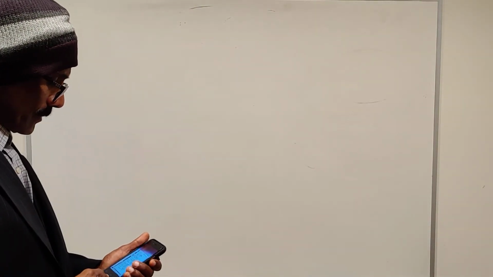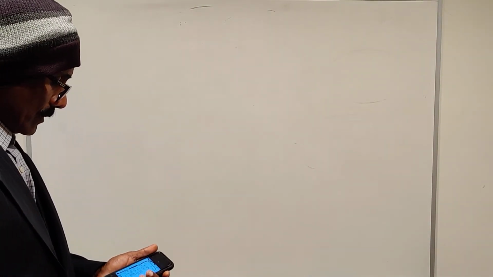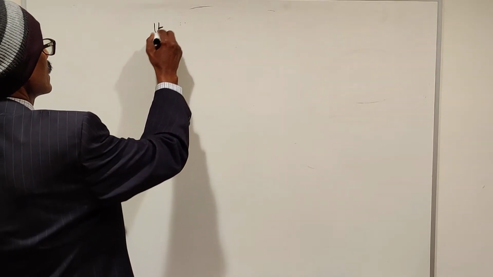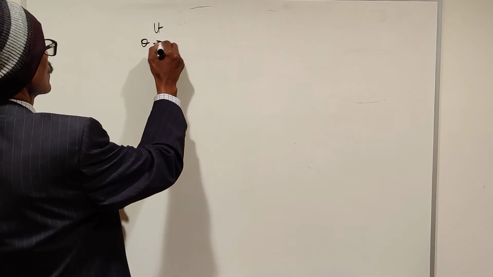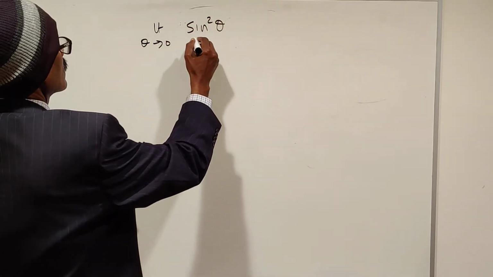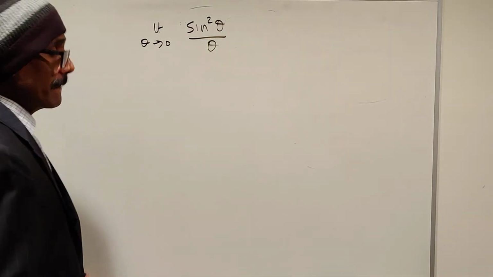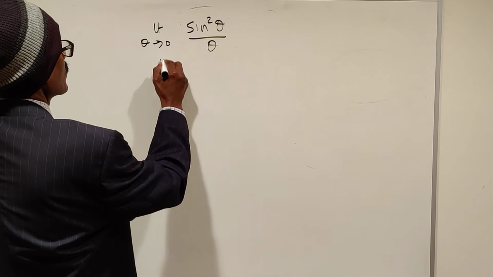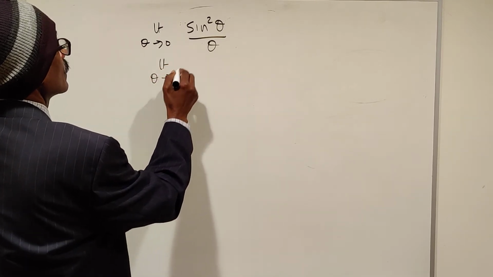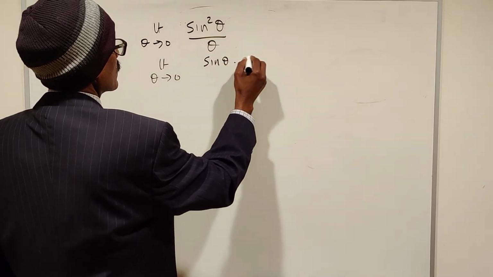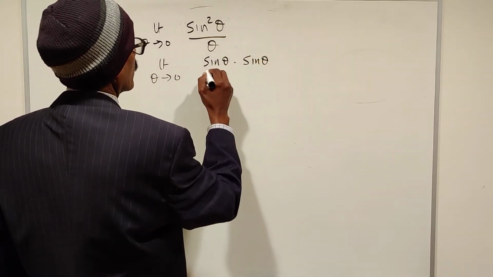Next one. Limit theta tends to 0, sine square theta by theta. Sine square theta is sine theta times sine theta, divided by theta.